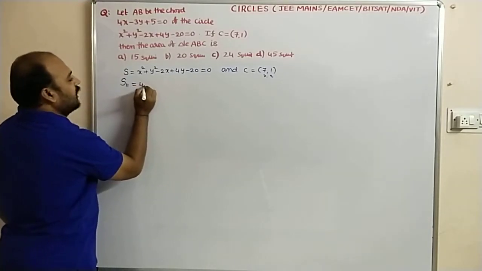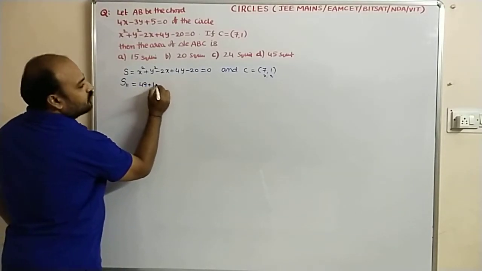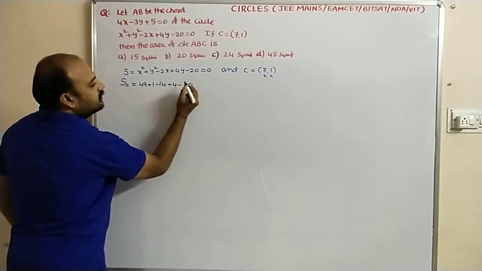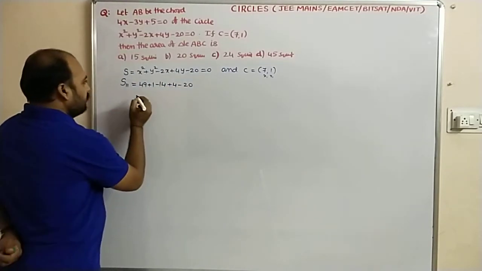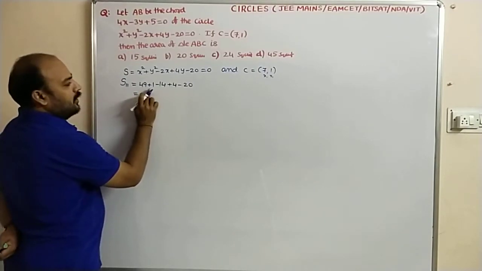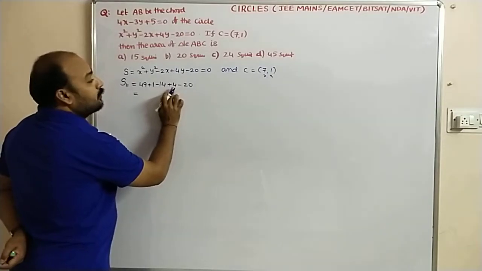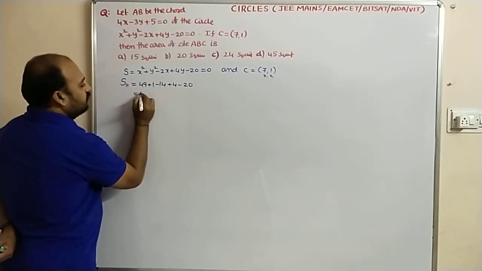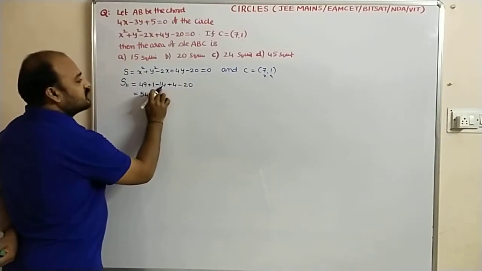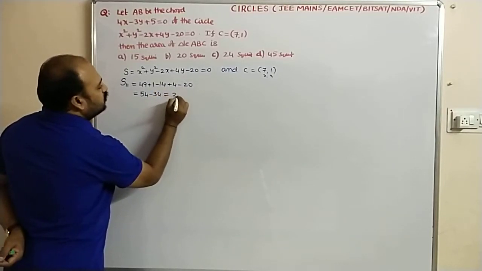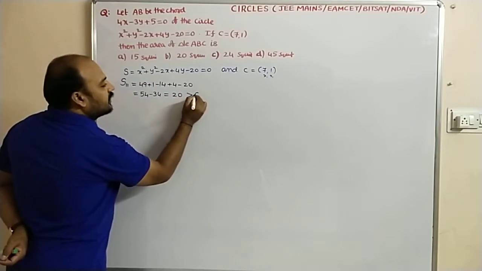It will become 49 plus 1 minus 14 plus 4 minus 20, which is equal to 49 plus 1, 50; 50 plus 4, 54; minus 14 minus 20, minus 34, which is equal to 20, greater than 0.